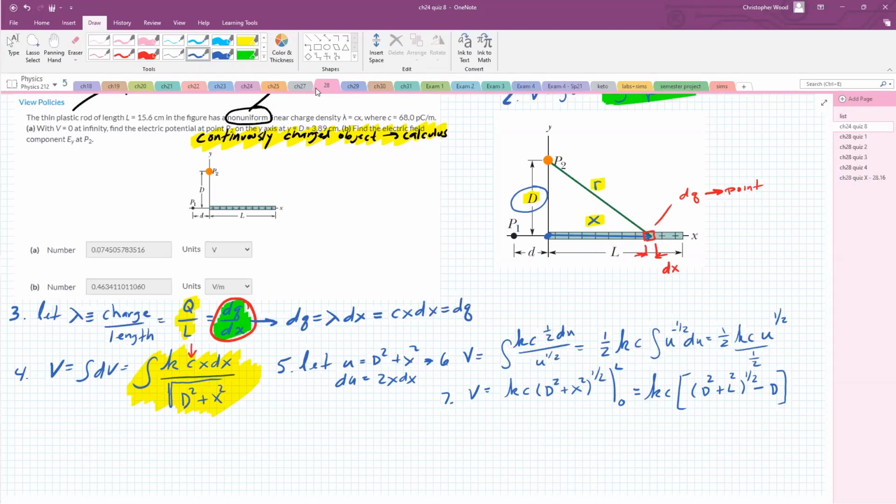So let's get the right answer to part A and then move on to part B. Done with part A.